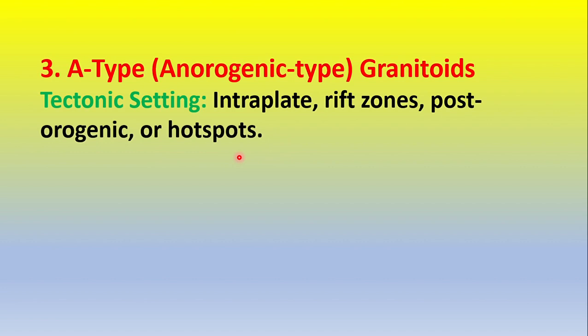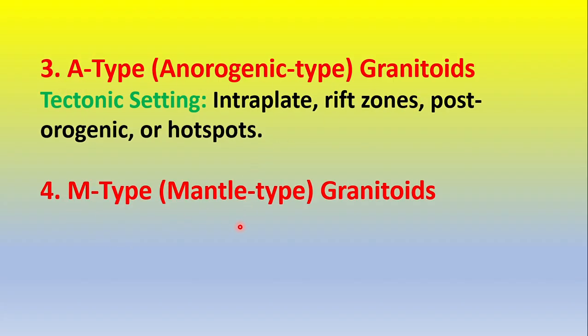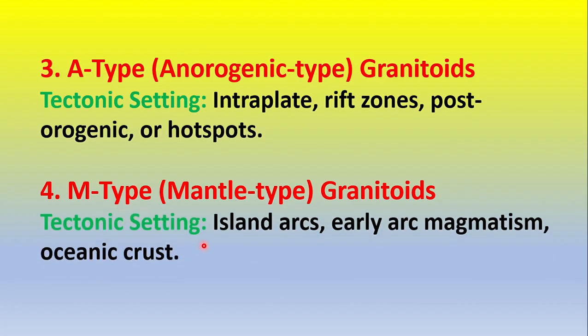So remember, Malani igneous rhyolite is the best example of the A-type granitoids. Number 4, M type. M means mantle type granitoids. The tectonic setting is the island arc or early arc magmatism or oceanic crust. But this is not important. But remember the other ones, they are very important for us.